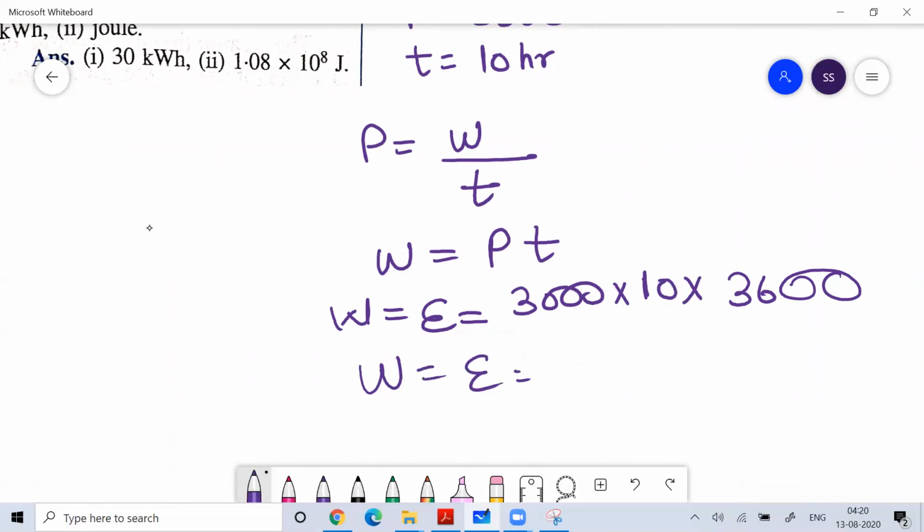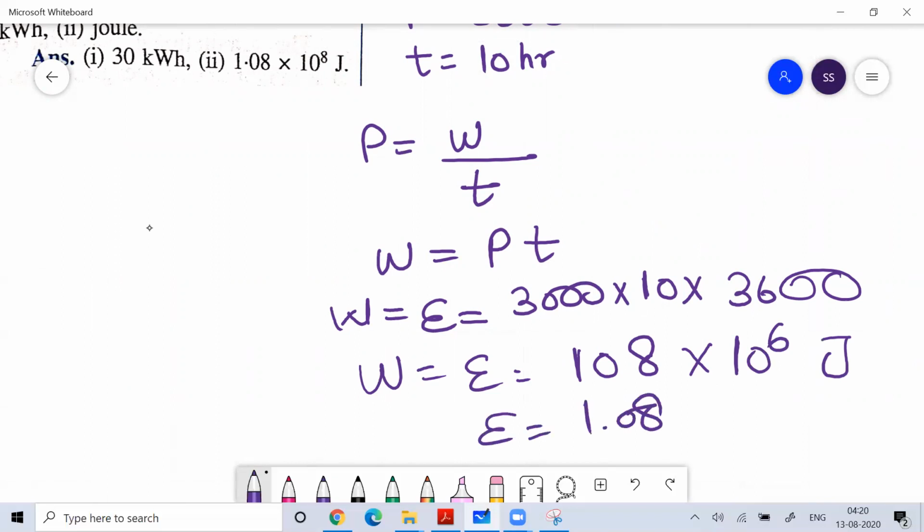So this is equal to 108 into 10 to the power 6 joule. So the energy here would be 1.08 into 10 to the power 8 joule.